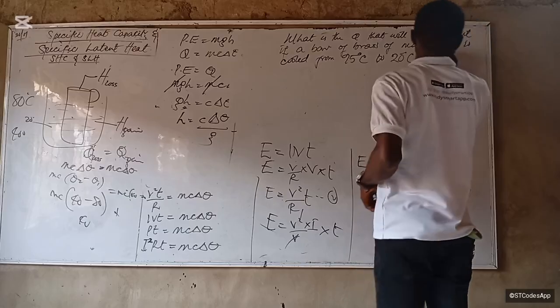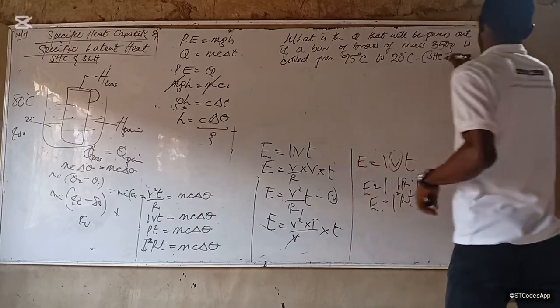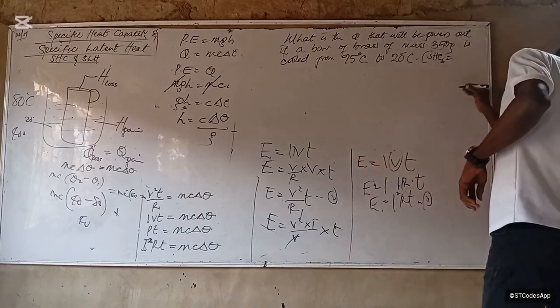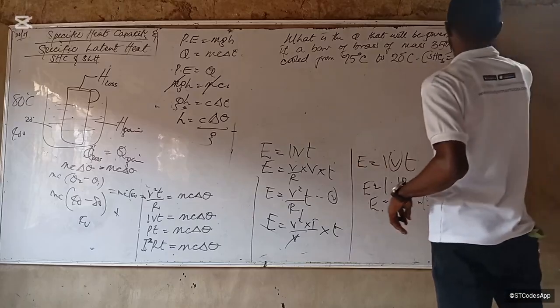The SHC of brass is 380 joules per kilogram per Kelvin.